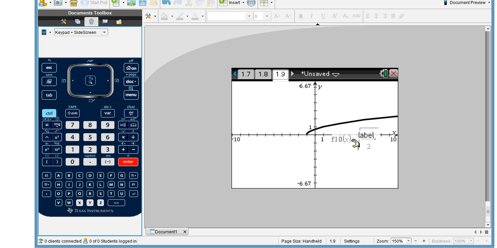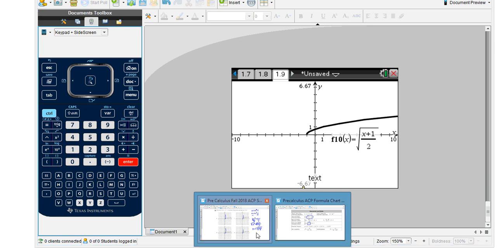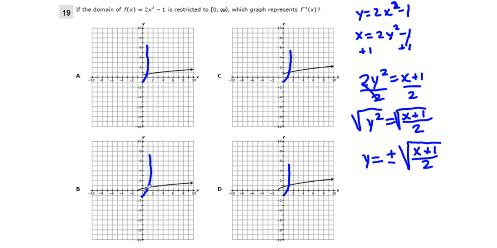So that's what it looks like. Let's see what we have here. Looks like it's more like D, doesn't it? Because it looks like we got 1 comma 1 here. This one here, B, is skinnier.